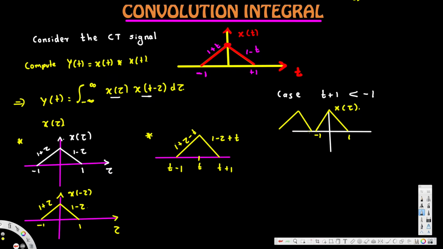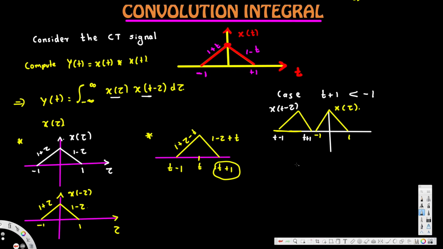If t plus 1 is less than minus 1, we have moved this one to this side, so this is t plus 1 and this is t minus 1. From this you can see this is x of t minus tau when t plus 1 is less than minus 1. There is no overlap for non-zero values, so the result is going to be 0.